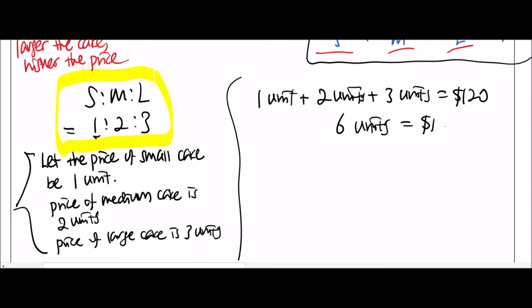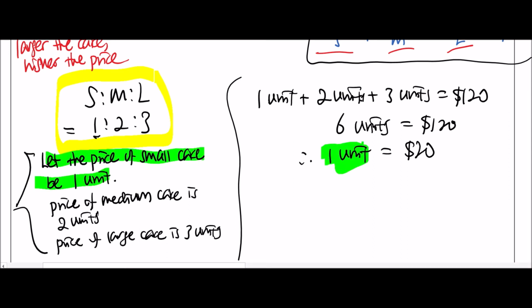Therefore, 6 units is $120, and therefore 1 unit represents 20 bucks. So again, what does 1 unit mean in our working? 1 unit represents the price of the small cake.